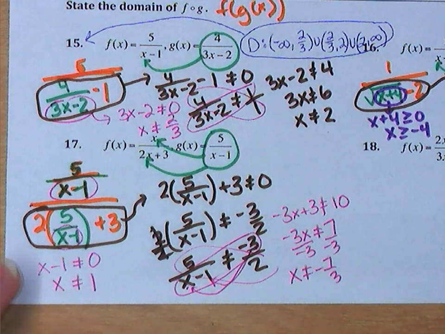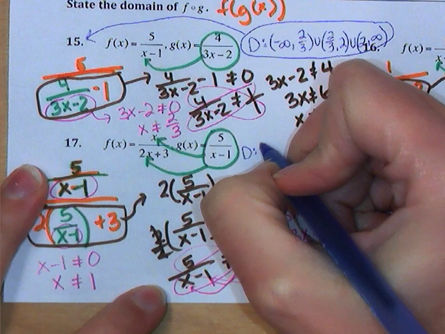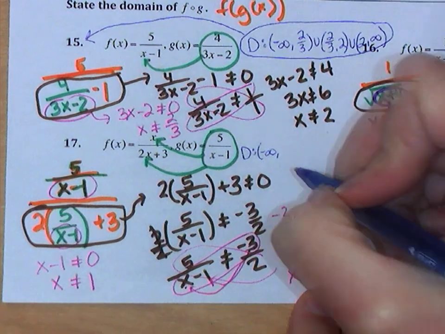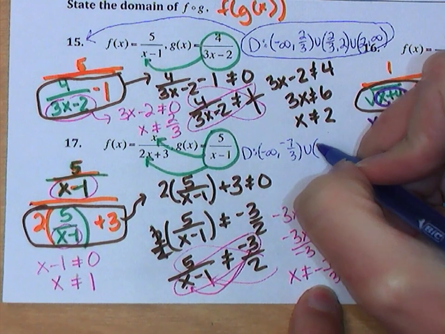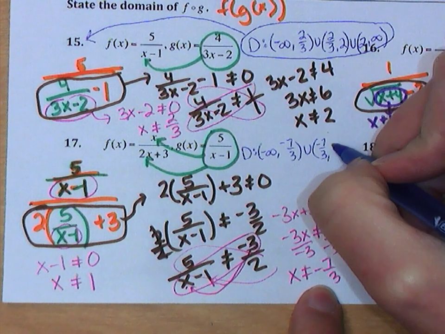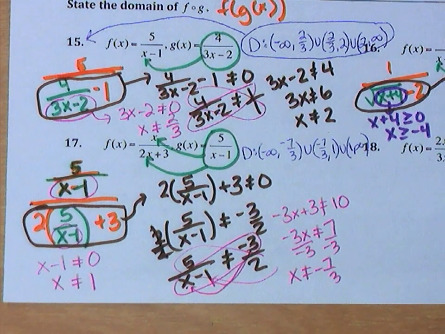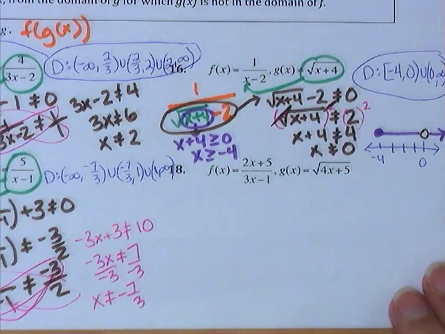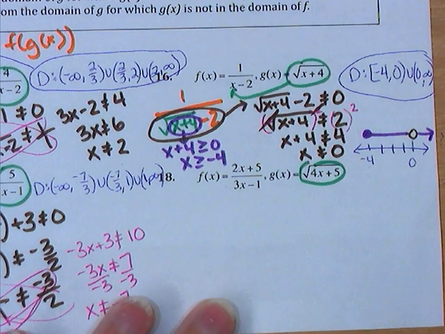Domain, you just want to take those out. So negative infinity, the lower one is negative 7/3. Union, negative 7/3, comma 1, union 1, comma infinity. Okay, 18, take that square root, sub it in for the x's.